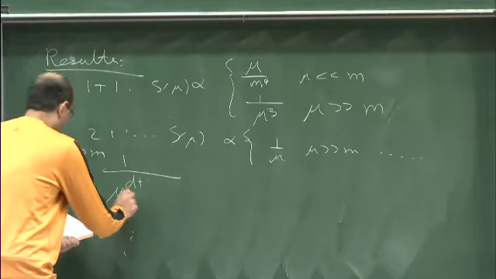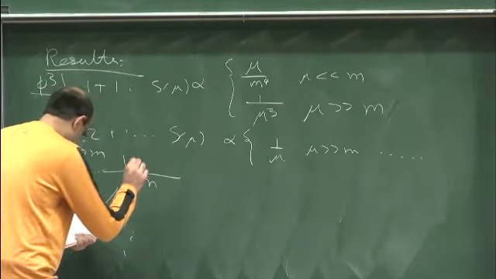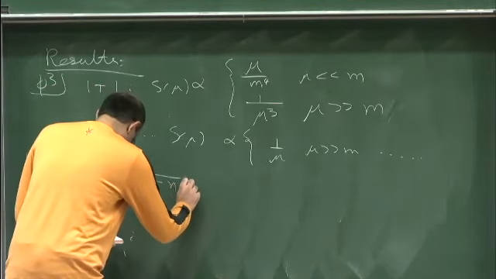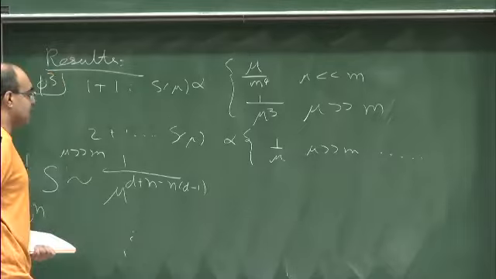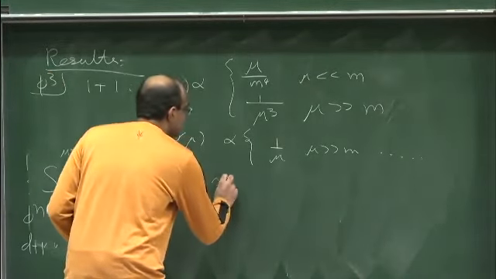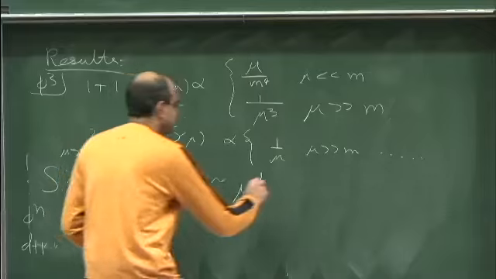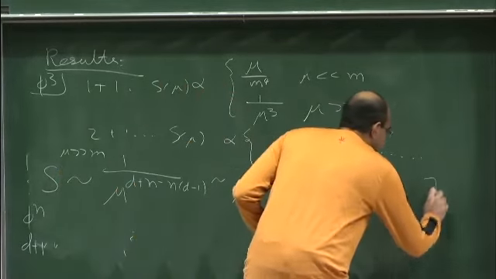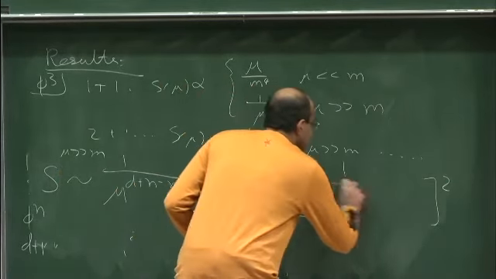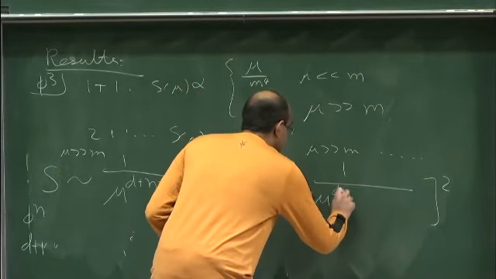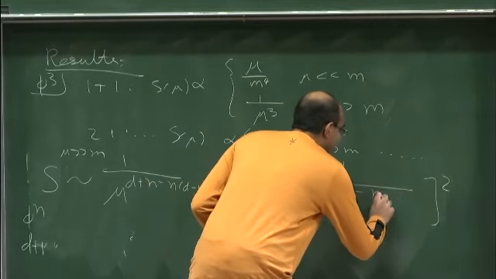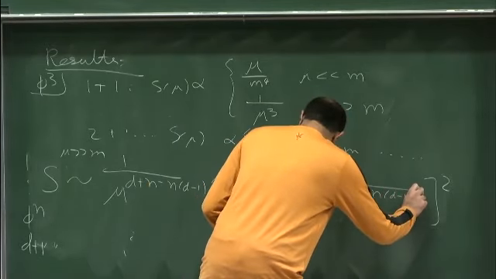You get 1 over mu to the d plus n minus n times d minus 1. And you can write this in a suggestive way. This is mu to the d, and I'll explain why that's interesting in a second, times a quantity squared. This quantity is 1 over mu to the d plus 1 minus n times d minus 1, over 2.